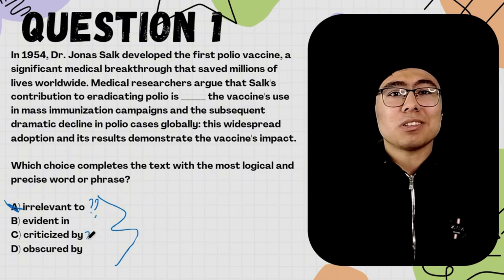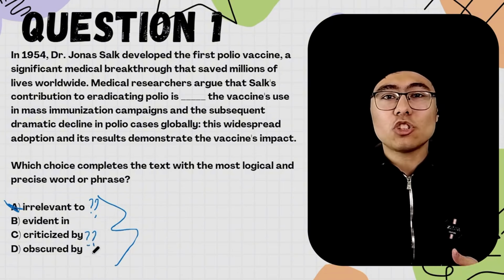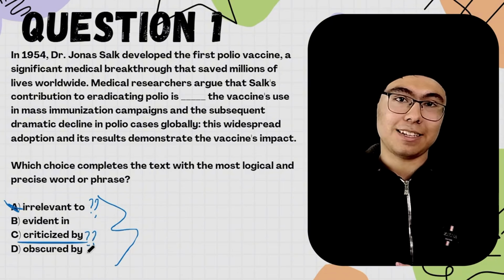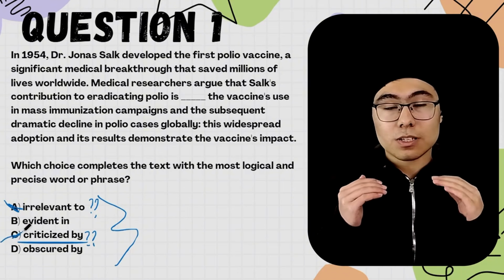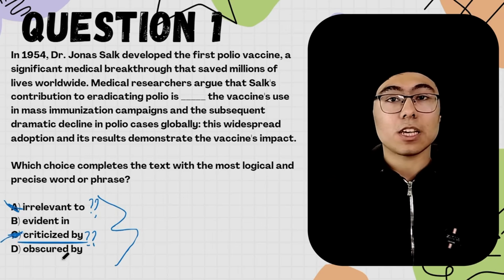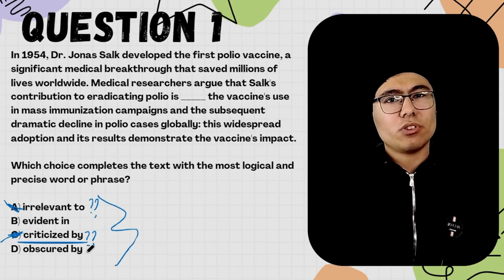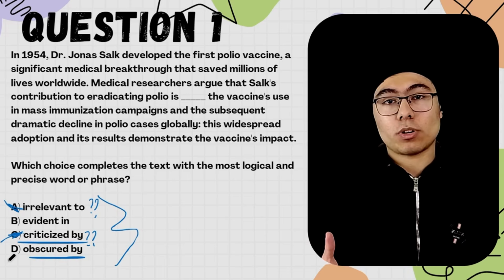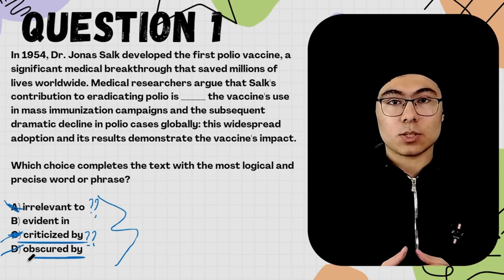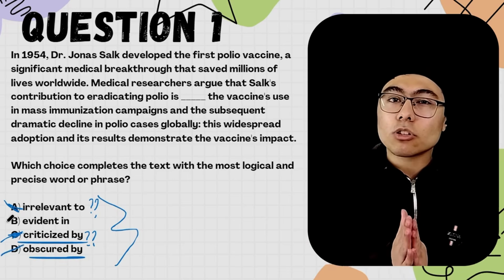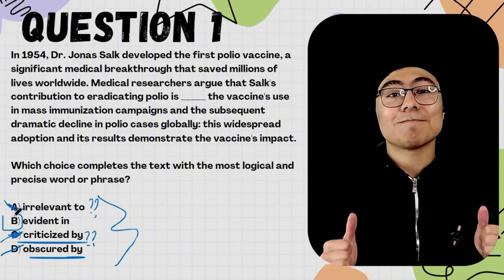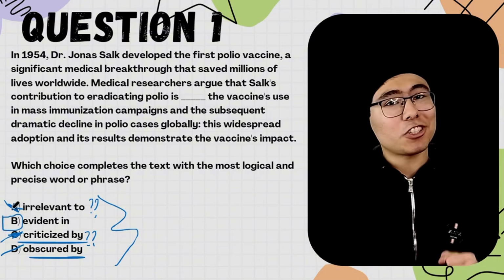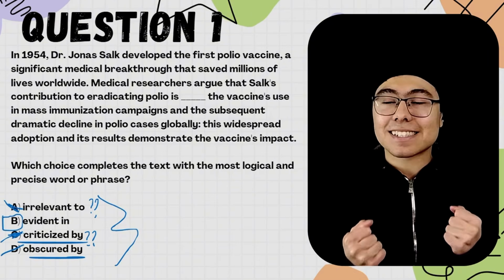Who is even criticizing a man who literally helped eradicate a disease? So this choice is wrong. Choice D, obscured by. Obscured? No, his work isn't hidden. It's in the history books, right? So we can eliminate choice D as well. Now, if you have a look at choice C, evident in, bingo. Salk's contribution is clearly seen in the success of the vaccine.